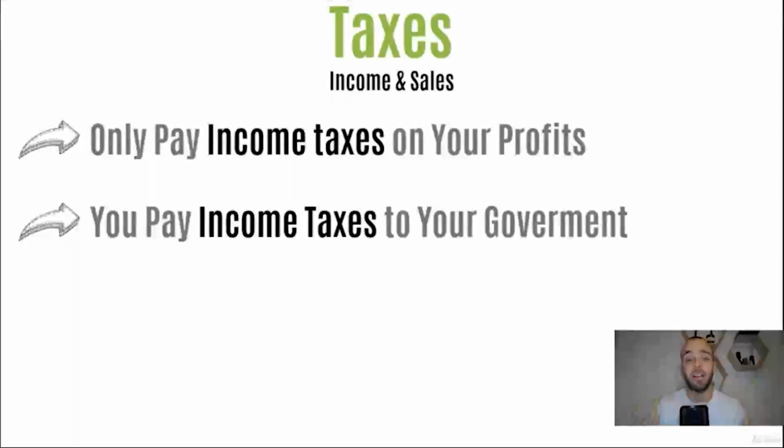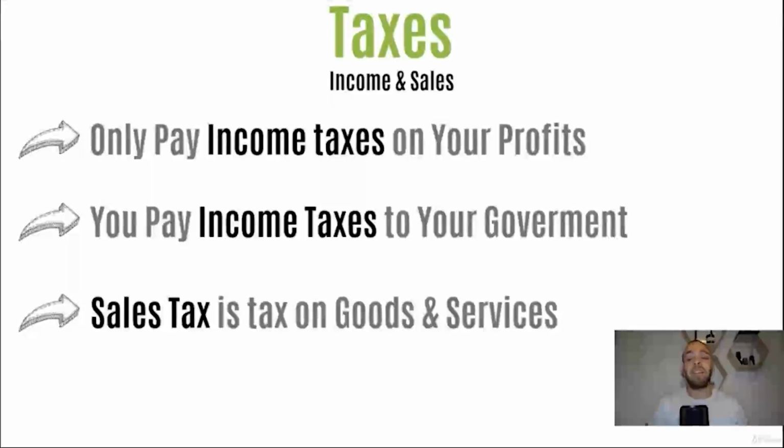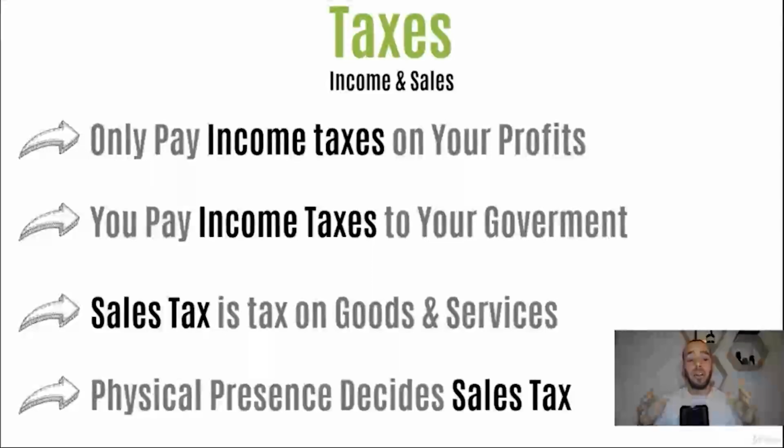Now let's move on to the more technical stuff, like sales taxes. Sales tax is a tax on goods and services, and because we're dropshipping items, we are dropshipping goods. So we're having sales taxes on these products. But you only have to pay sales taxes if you have a physical presence in the USA, because physical presence decides sales tax. Okay? To make this clear.